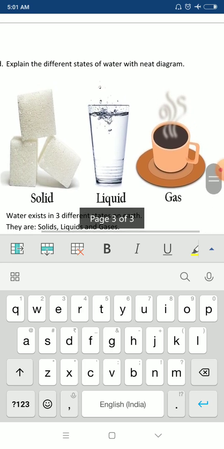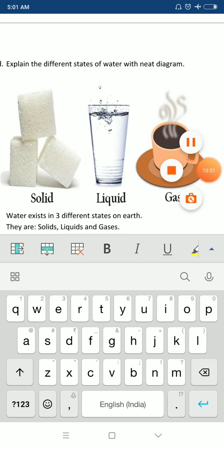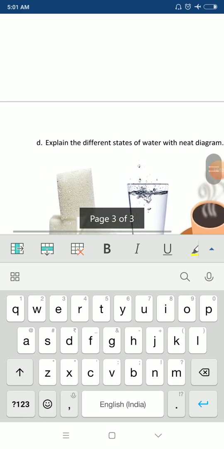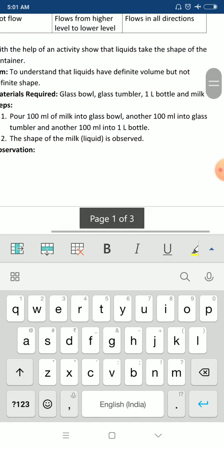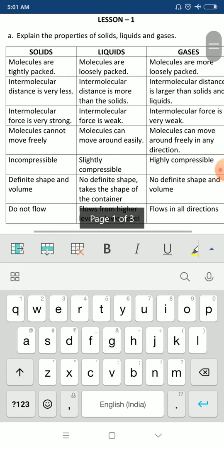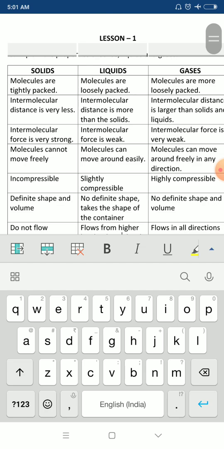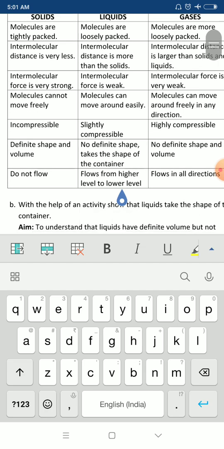Now children, you have to keep this for your learning, for your exams. These 4 questions, if you write like this should be enough. That is, we are going to form a table and write the differences between solids, liquids and gases.